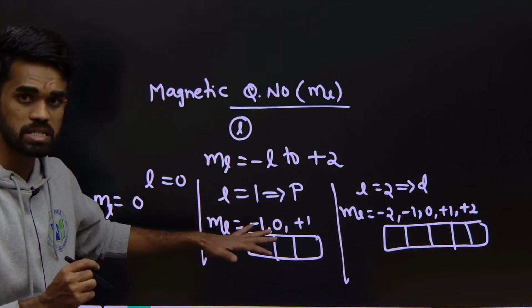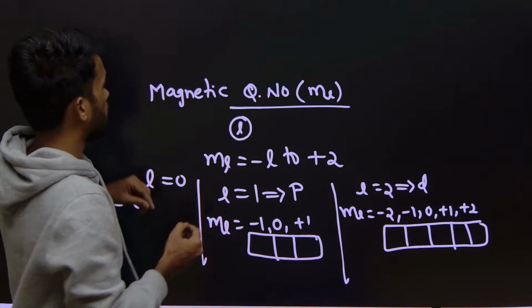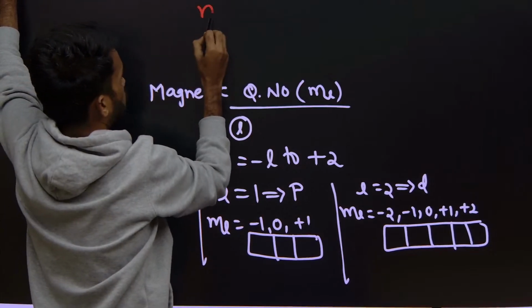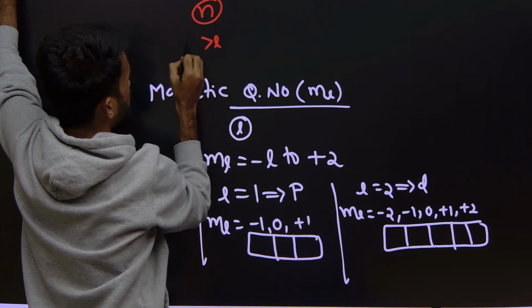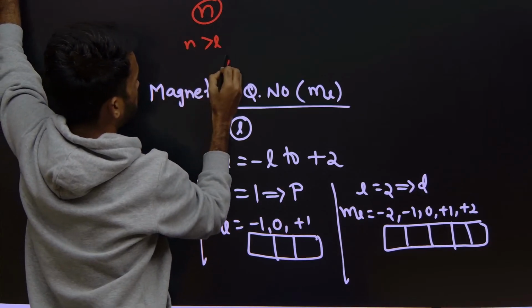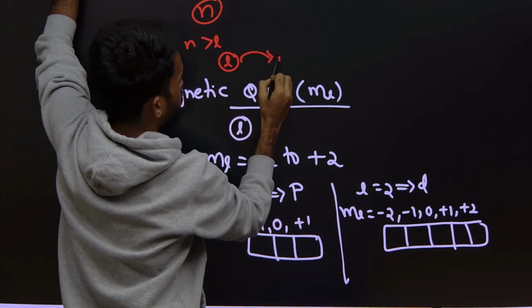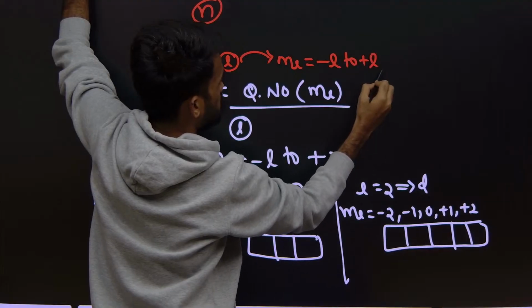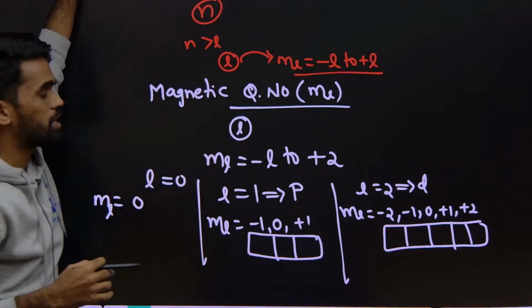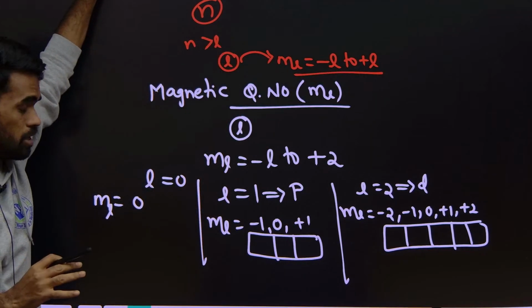So I hope this is clear. For a given n value, L value will always be smaller, and for a given L value, ML values lie from minus L to plus L. These are some important key points that should be remembered.